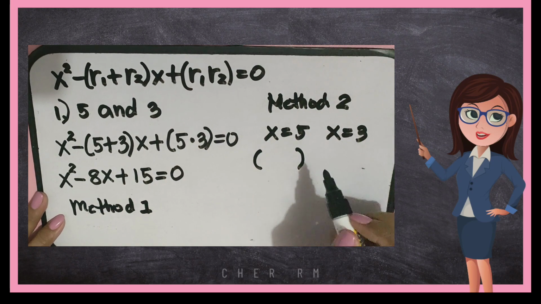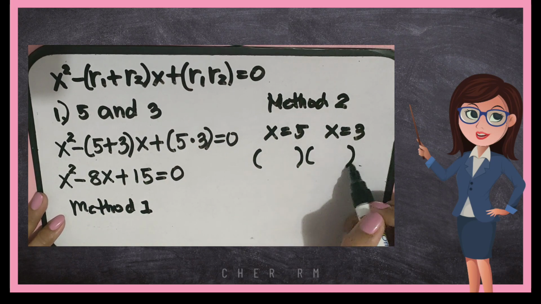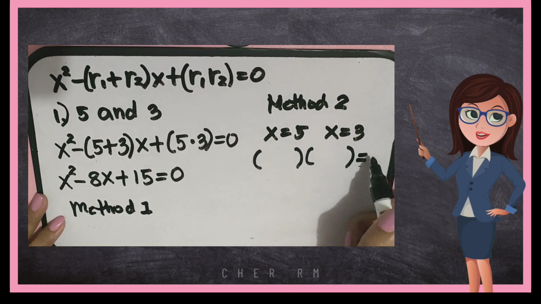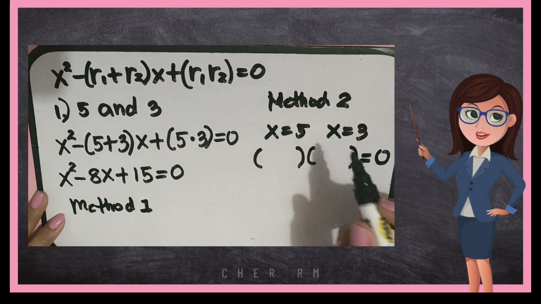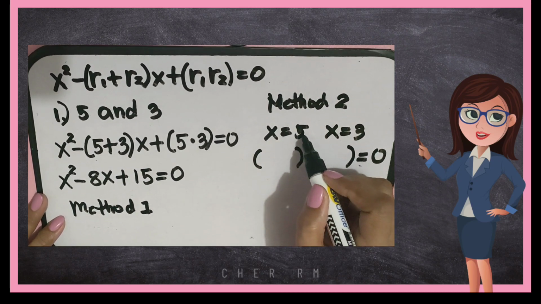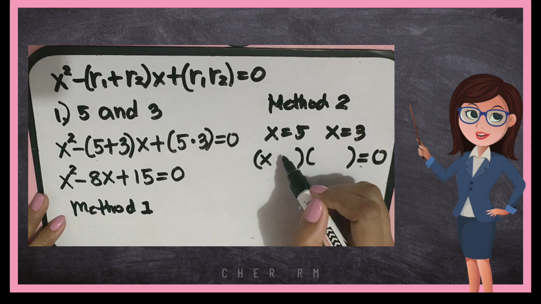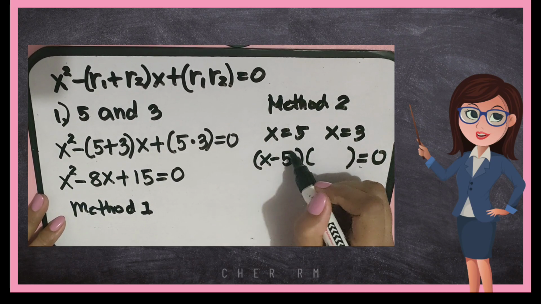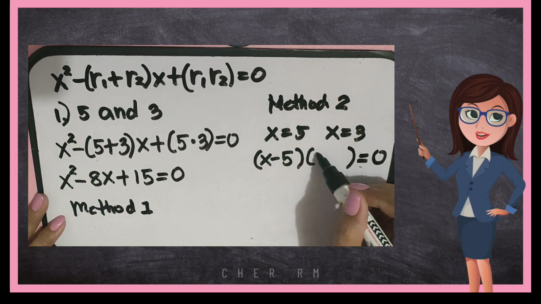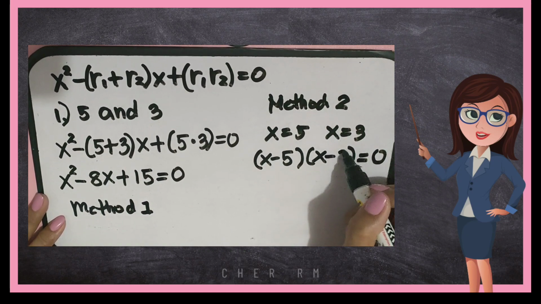So we have 2 parentheses, then we will equal to 0. So we have to transpose positive 5 to the left side of the equation. So we have x minus 5, then the other one we have x minus 3.